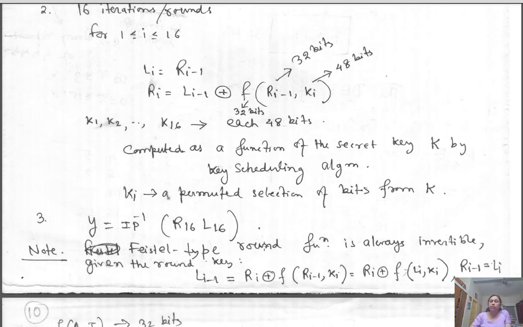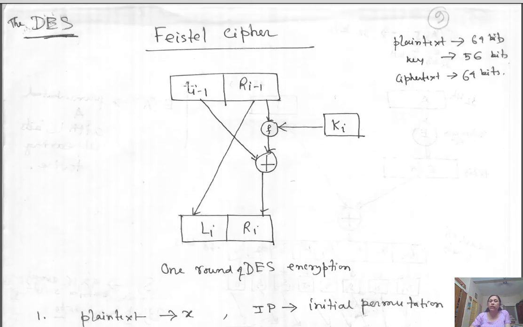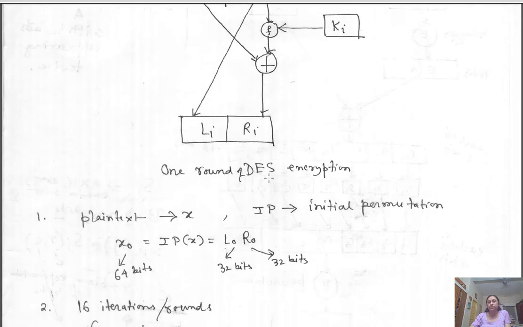Why? From Li minus 1, Ri minus 1, you obtain Li, Ri. Invertible means given Li, Ri, you have to find Li minus 1, Ri minus 1, provided Ki is known.